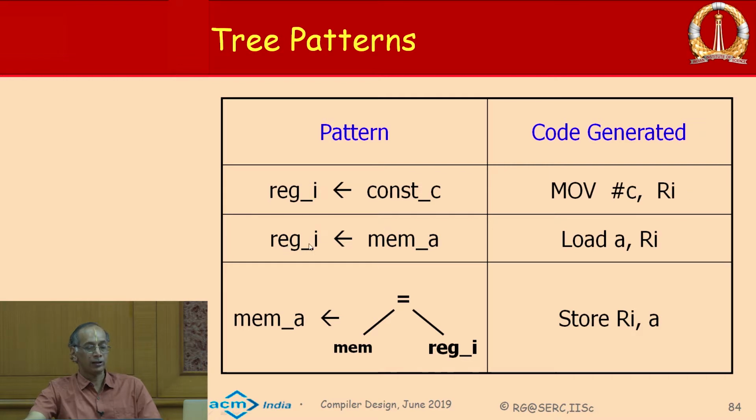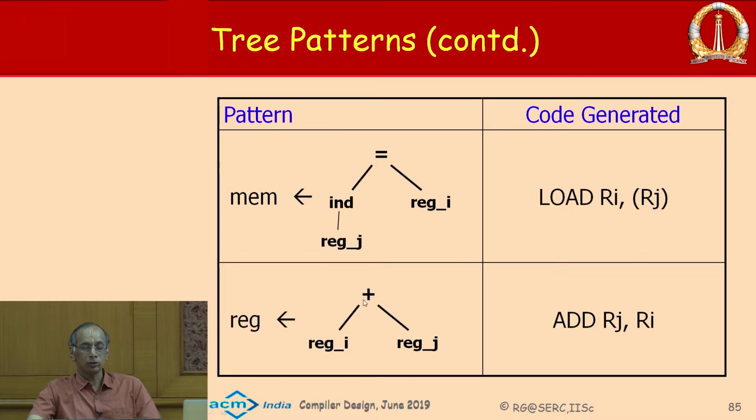Similarly, if I have a pattern where a memory location has to be moved to a register, then that is load A to Ri. If I have a pattern which says that a memory location needs to be stored with the value of register Ri, that would generate the code store Ri in memory location A. Let us look at more patterns.